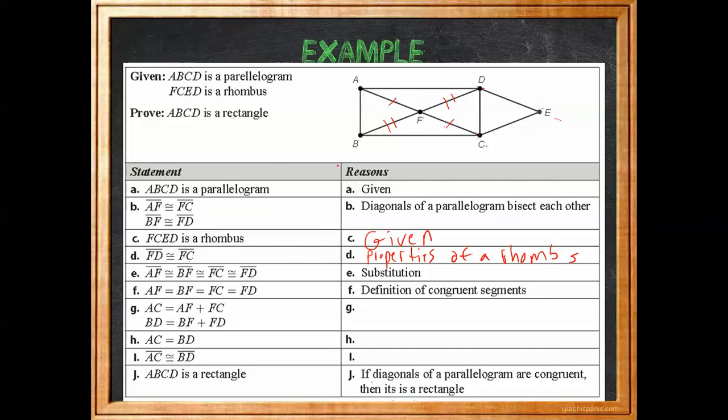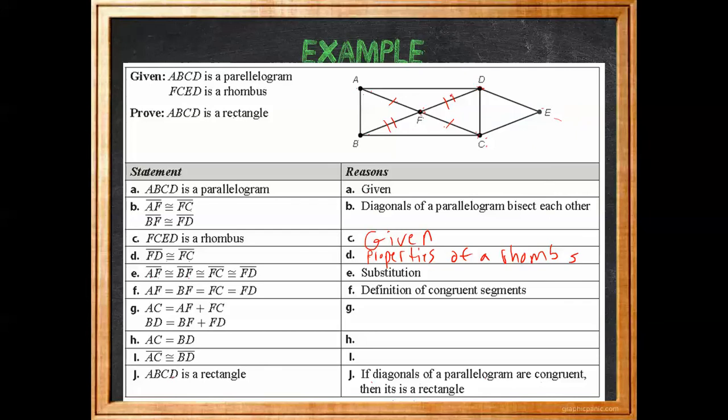Okay, so if we know that FD is congruent to FC, right, then we can say that AF is congruent to BF is congruent to FC is congruent to FD, right?